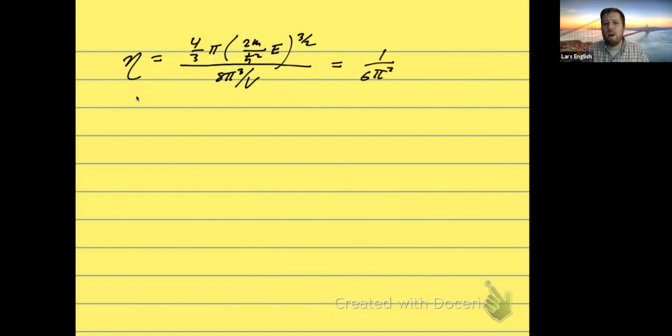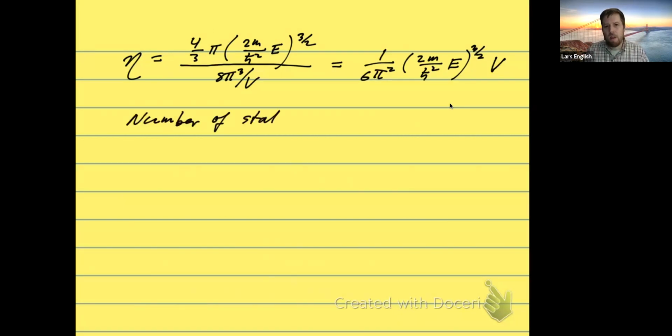And so we can rearrange a little bit, and we get the physical volume of the crystal up in the numerator. And then this eta here is just proportional to E to the 3/2.